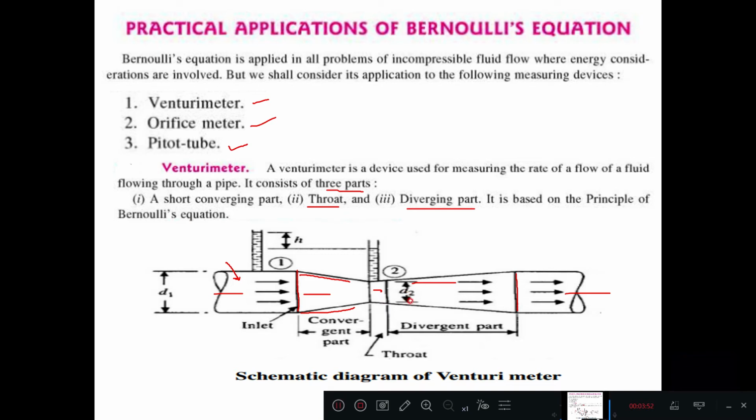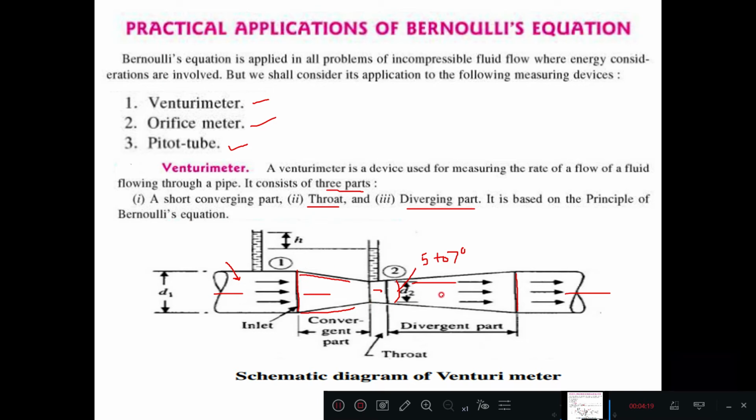The expansion angle of the diffuser is very small, usually 5 degrees to 7 degrees, to reduce the possibility of flow separation here. The size of the venturimeter is specified by the pipe and throat diameters.